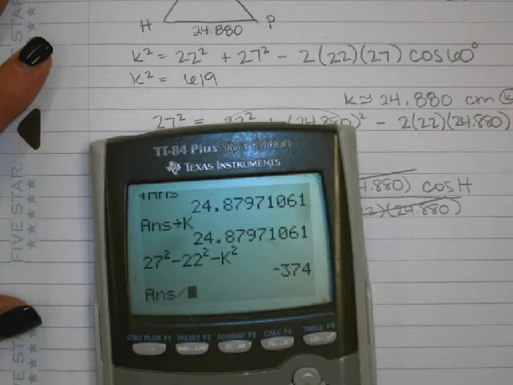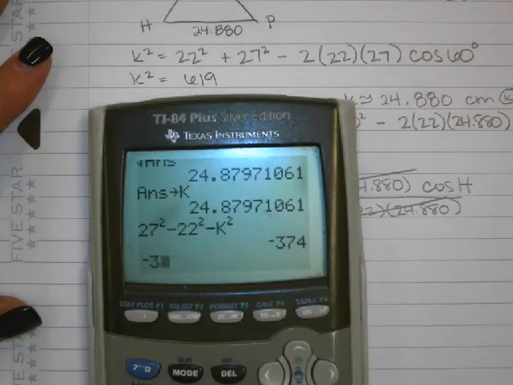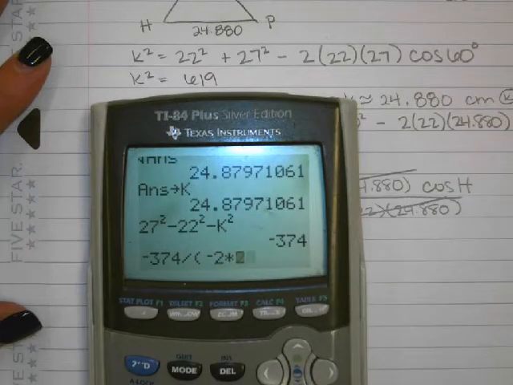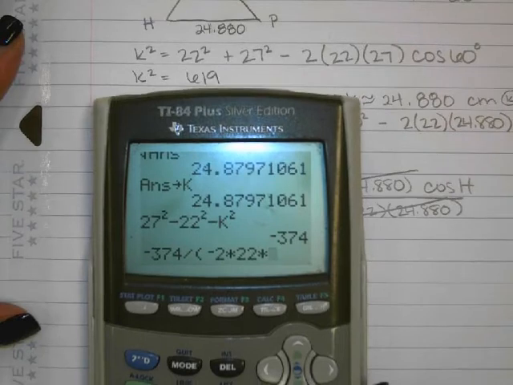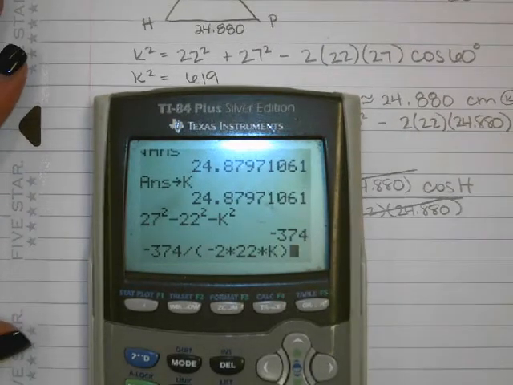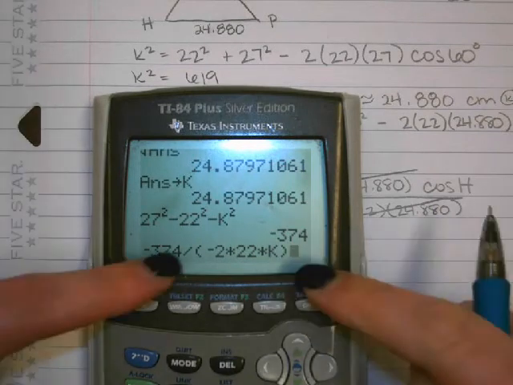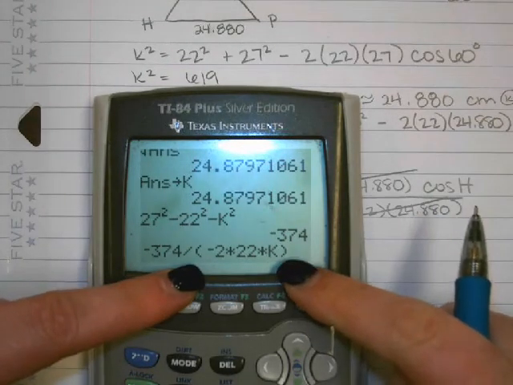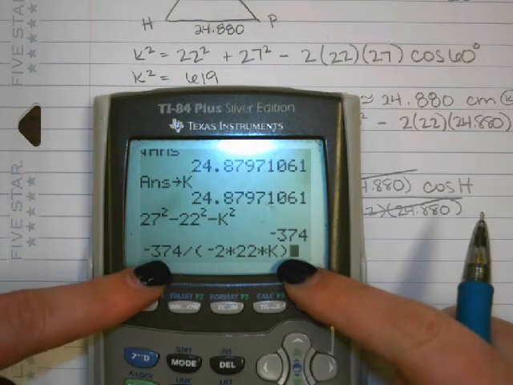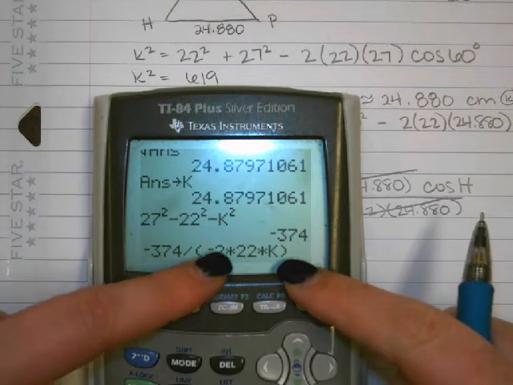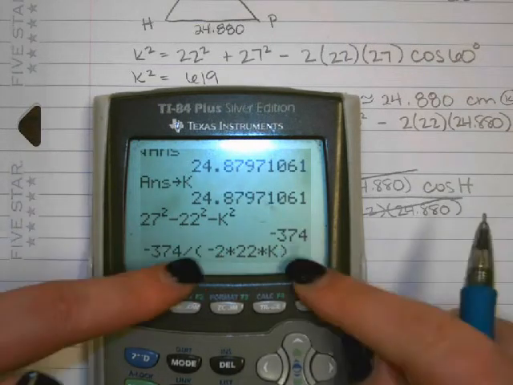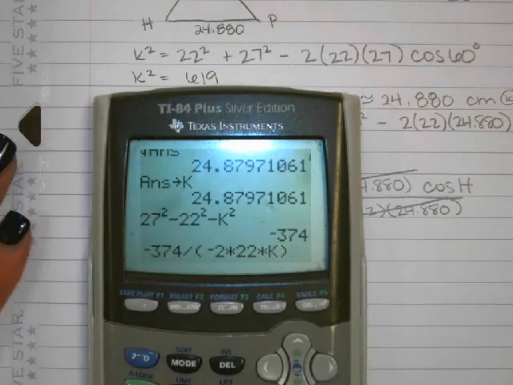So I'm going to say negative 374 divided by negative 2 times 22 times K. And make sure when you do this, you have to put the whole thing in parentheses. If you don't, then your calculator will divide it by negative 2, and then it will multiply it by 22 and by K. So we want to divide by all of that stuff.